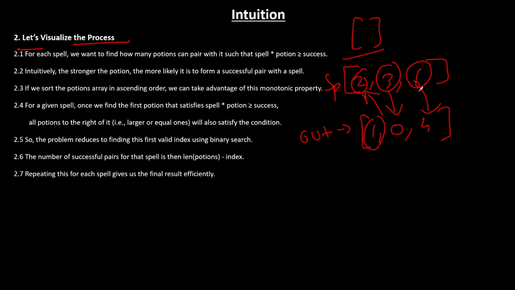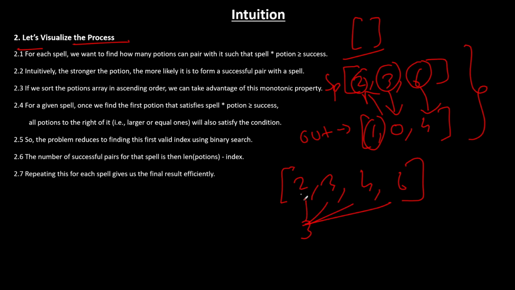4. So this cannot be changed, right? The sequence has to be maintained. But we don't have to put the values, right? That is, how many pairs, or what numbers of the potions, like if potions are 2, 3, 4, or 6, right? So if I take, for example, 3 from the spell, and I multiply 3 with each of the numbers, they are not asking what the pairs were, right? They are just asking us what the count was. So the order of how we multiply the spell value with the potion values does not matter.